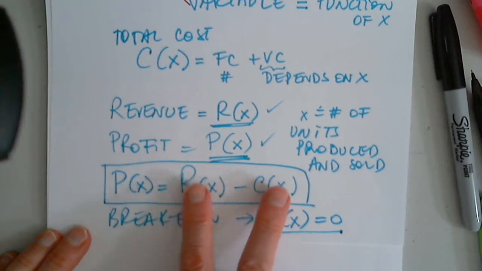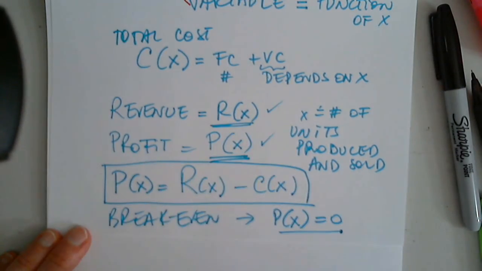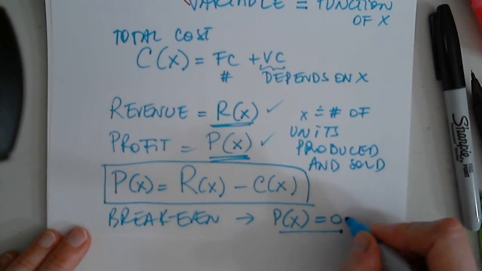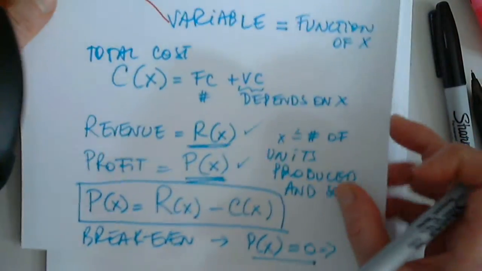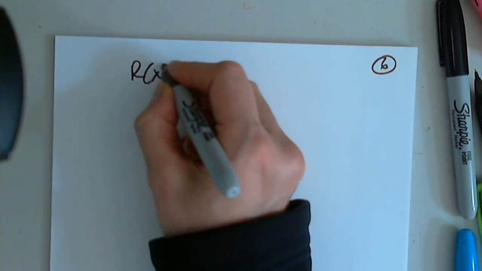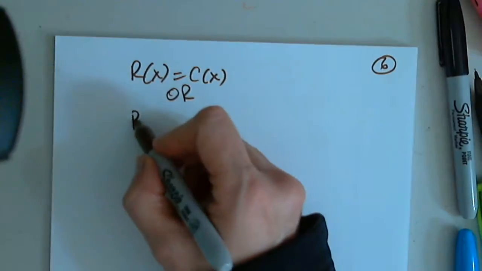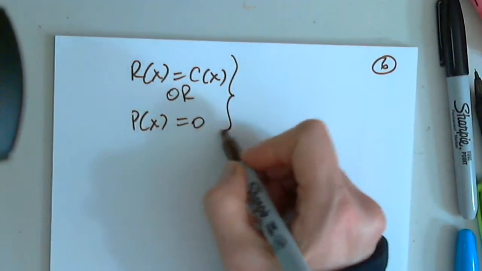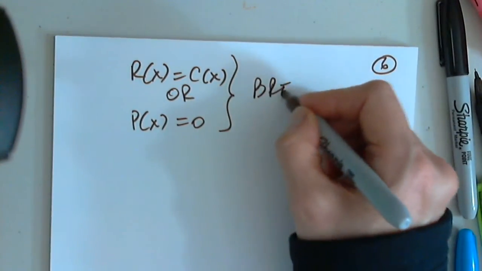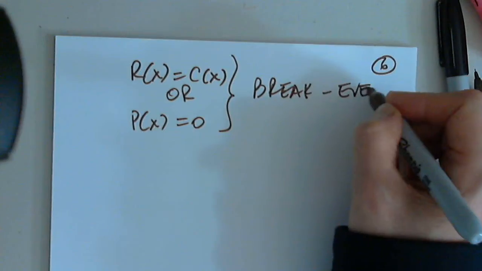Is when these two quantities equal each other. Money that comes in is used for cost. There is no profit. So, or from here, of course I ran out of room. You already know that. I always run out of room. That's my page 6. Okay, so the revenue equals the total cost. Or the profit is 0. This is break even.